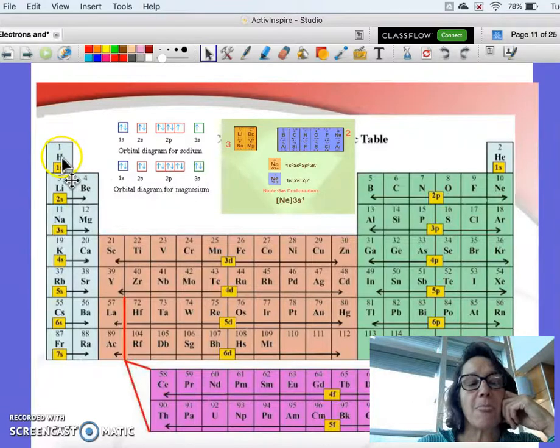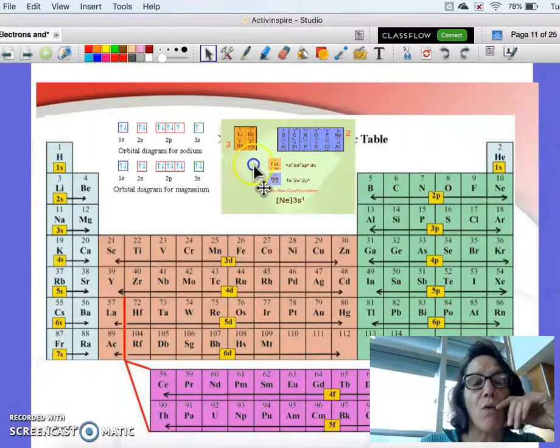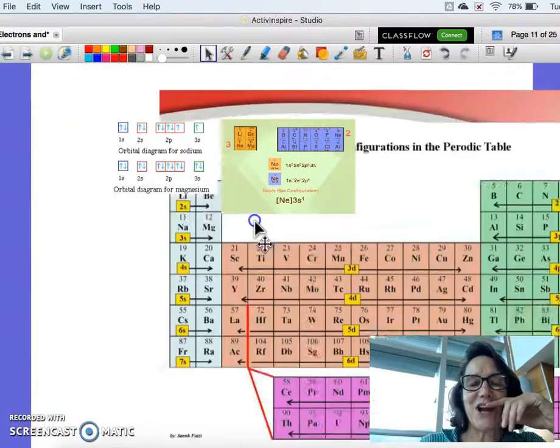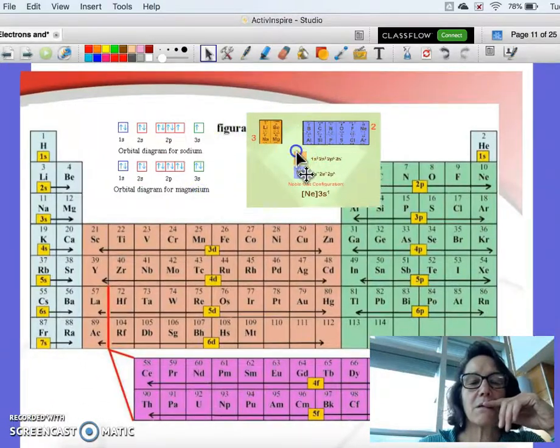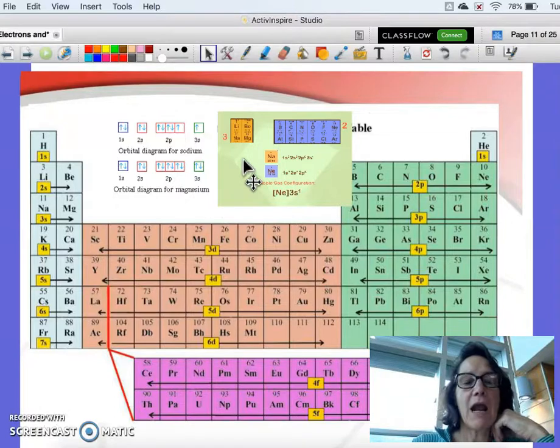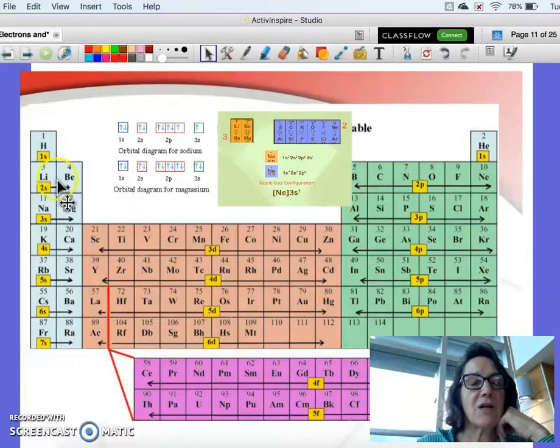So sodium, first energy level. It has an S, only one orbital, 2 electrons. And then after the 1s, I go to the 2s. It fills in its 2 electrons. So this is up to electron number 4 right there.